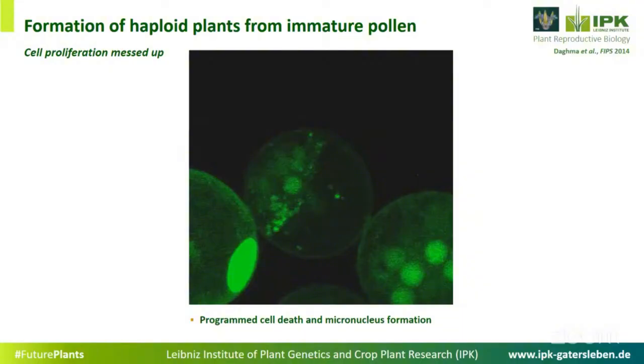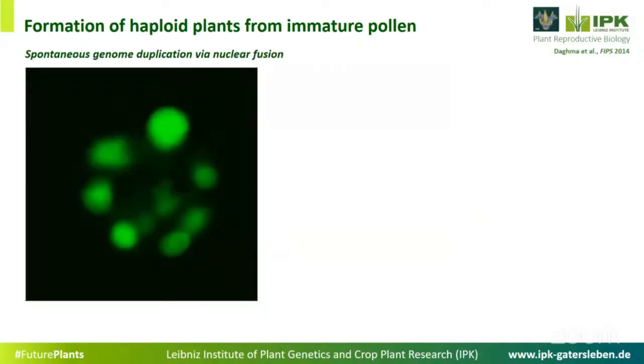And in doing so, we maybe coincidentally came across the observation of a very interesting phenomenon. And this is how the genome duplication can occur in this process. You may have heard about colchicine treatment so that you can obtain double haploids. But here we have the phenomenon that a fraction of the plants you produce have already undergone whole genome duplication.